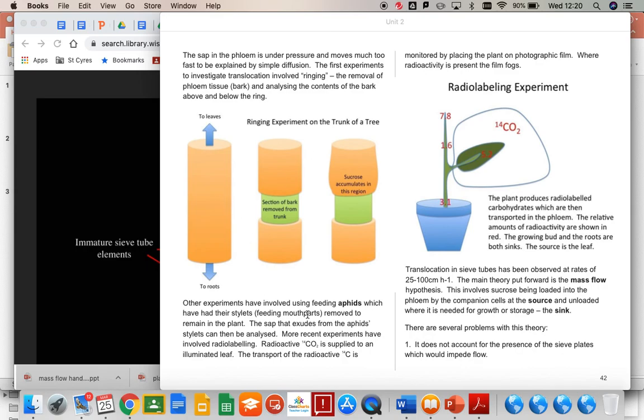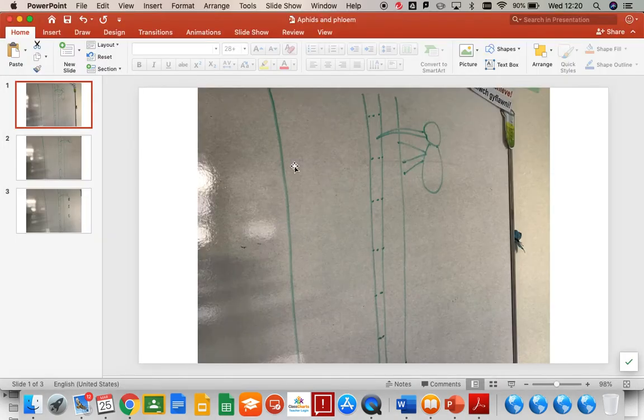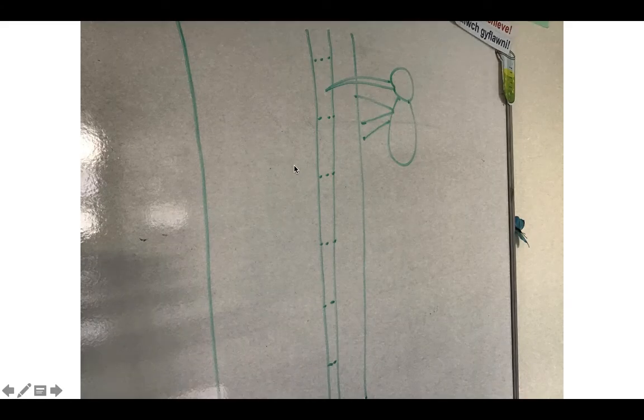Some classic examples have been done with aphids, not very pleasant experiments, but you take a feeding aphid, and if you section it like this while it's still alive, then you can actually see the ends of the mouth parts are in the sieve tube, so that's proving that the sap is transported within the phloem.